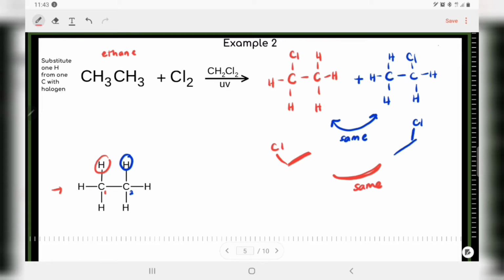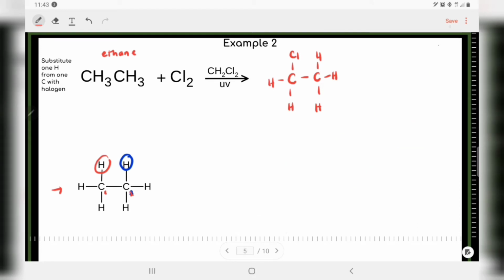So perlu tak kita nak tuliskan dua-dua? Tak perlu. So kita akan tulis satu sahaja main product dia. Sebab kalau kita remove daripada carbon number 1 and carbon number 2, kita akan dapat the same product. So this is main product and side product is HCl.